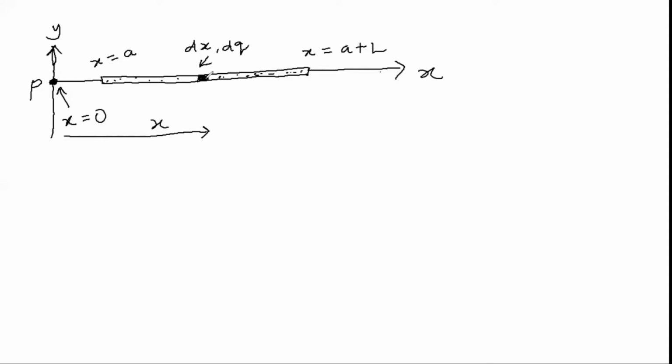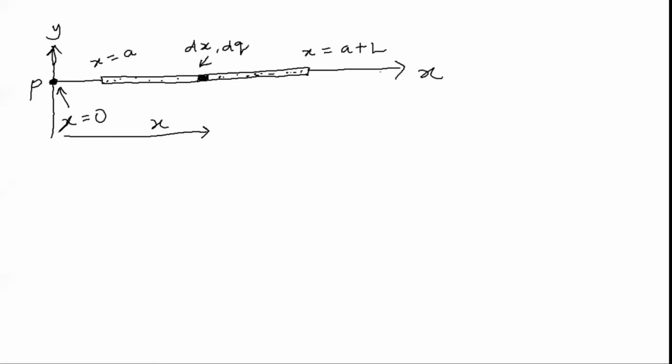Okay, and then as I had indicated earlier, you imagine that this road here is made up of an infinite number of small elements, each of length dx and containing the charge dq. The last point I tried to make was that this element here, you have taken it at a distance x. You can see x is a variable.